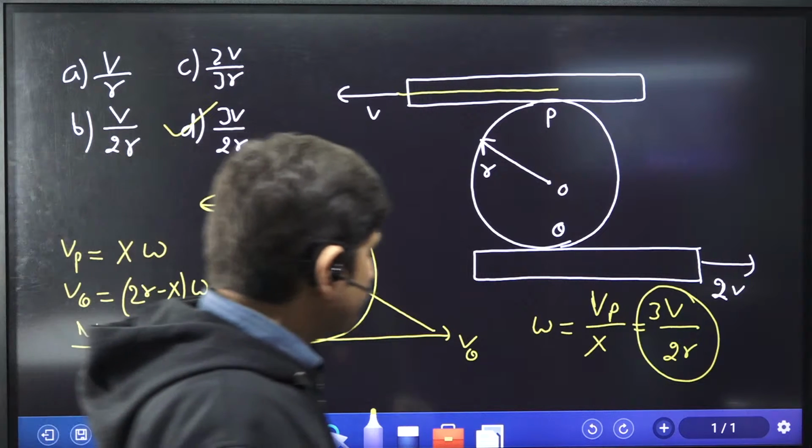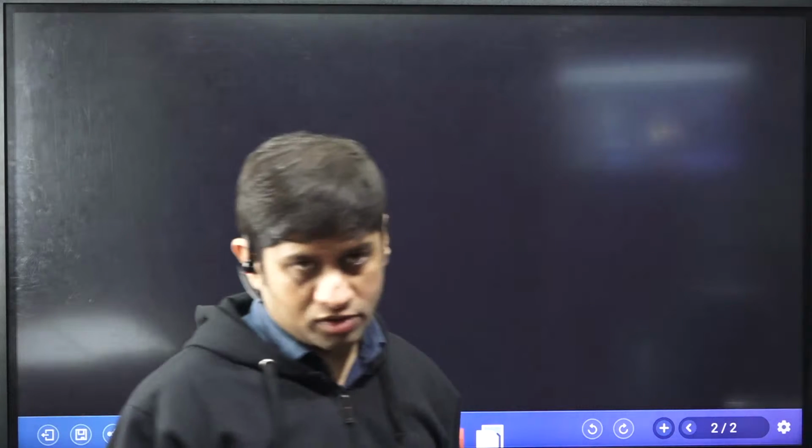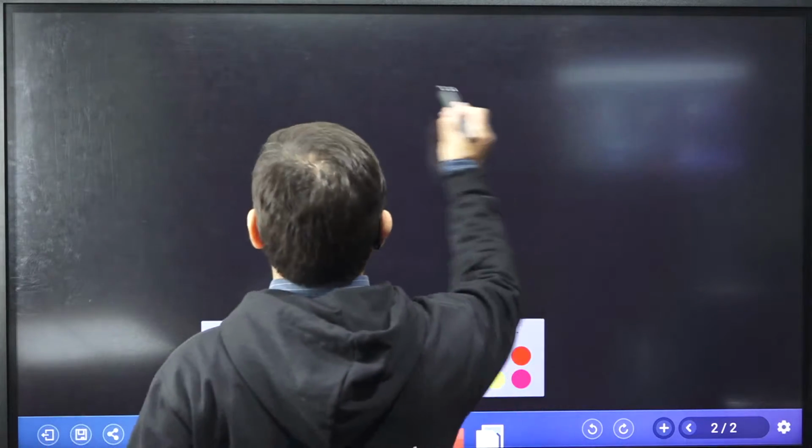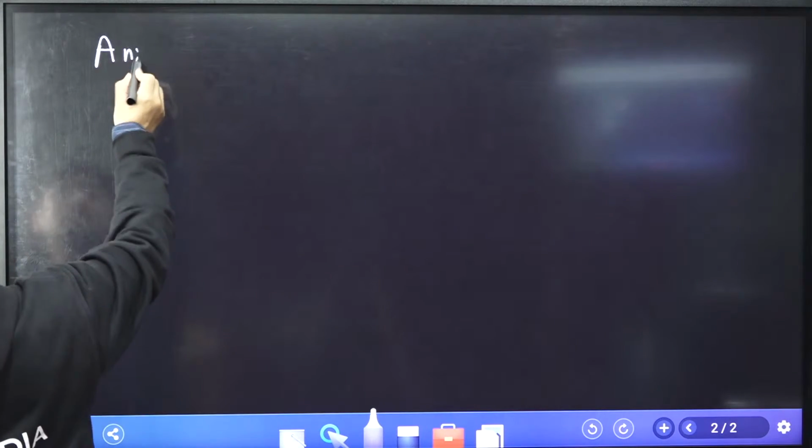And as I told you, today is the day I'm going to solve good questions. Somebody asked what an annular disk is, and let me solve this question for you. There is an annular disk which has mass m, and inner and outer radii are also given. So this question is about an annular disk.